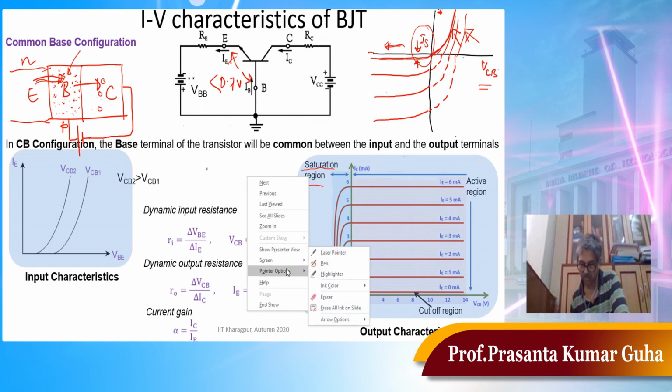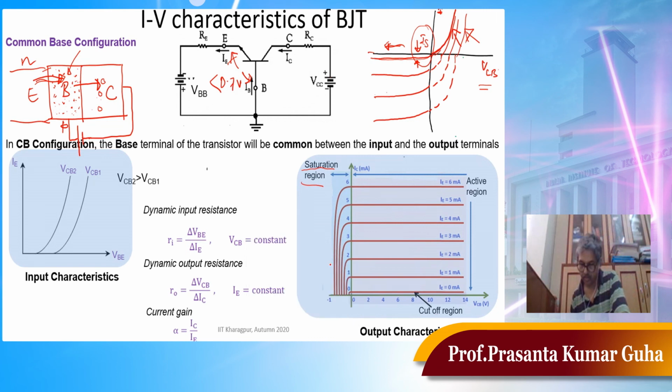For a particular value of IC, even if your VCB is changing, your current remains the same. So that means it can be used as a constant current source.